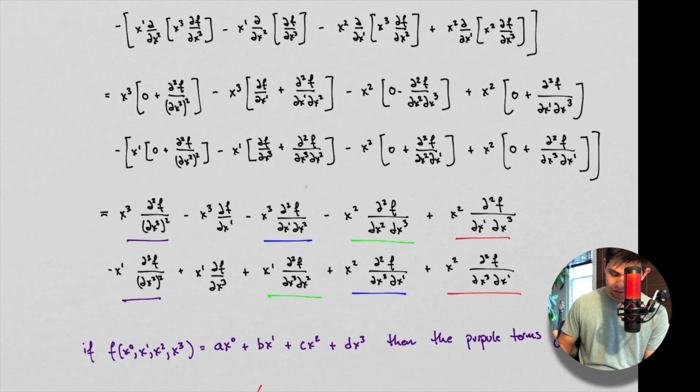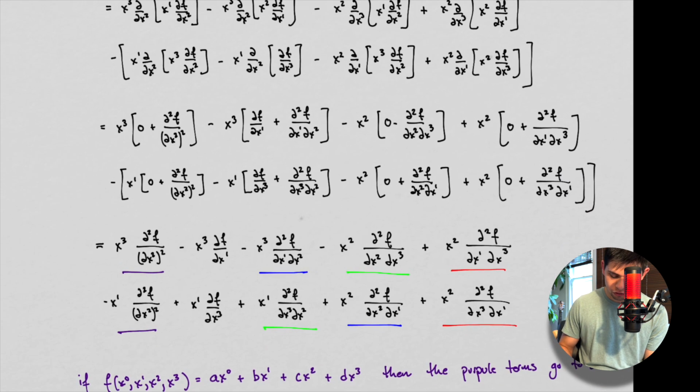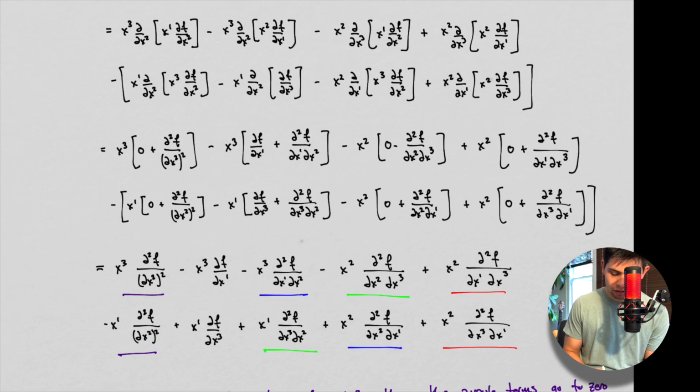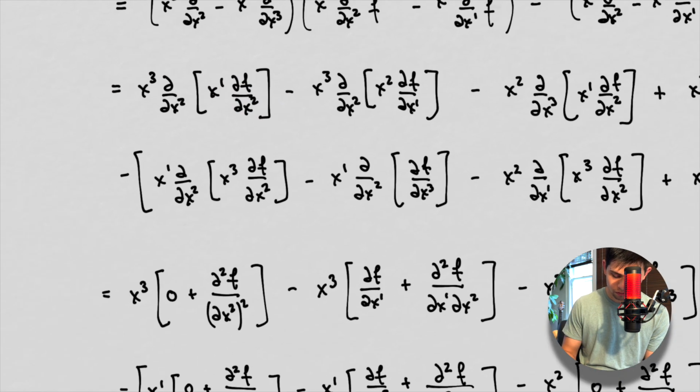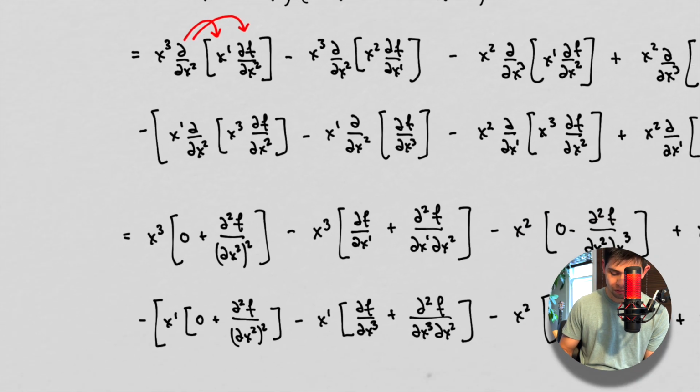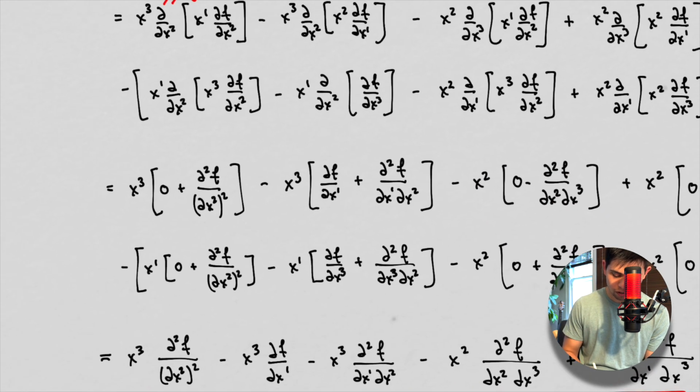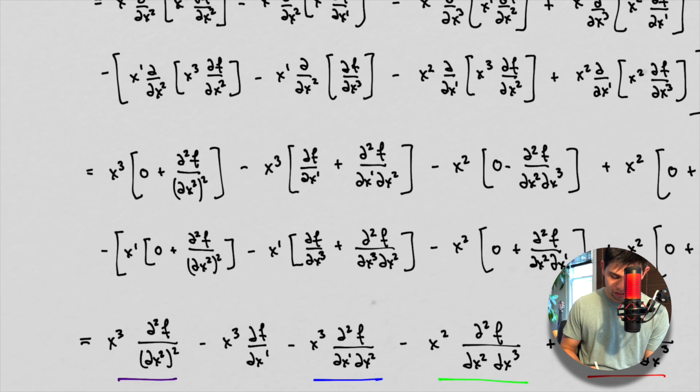And then we start to see something here. With dx2, we have to do the product rule, so the derivative of this and the derivative of this guy. So essentially what we're doing is the product rule, and when we do it, we get this and this.